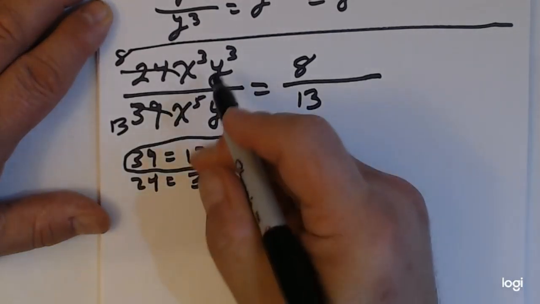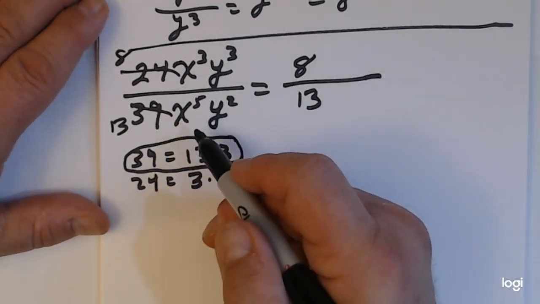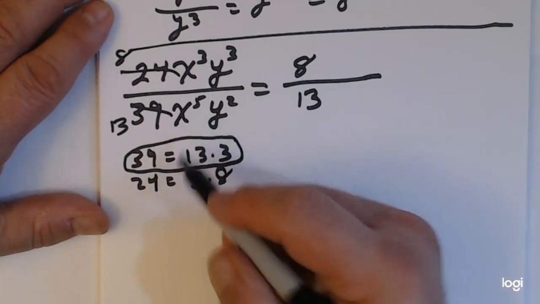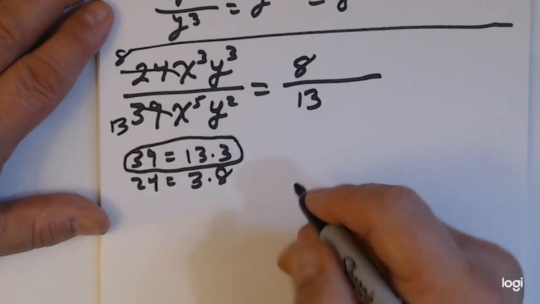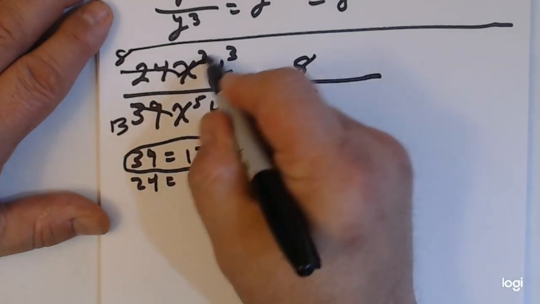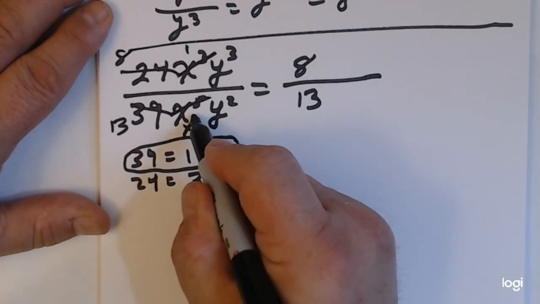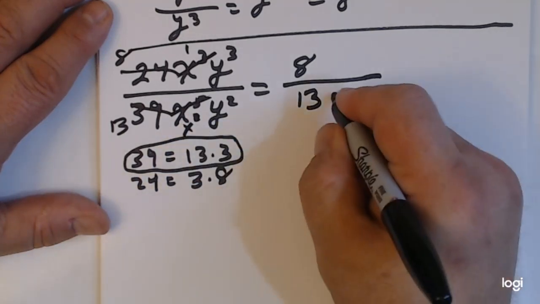X cubed over x to the 5th is x to the 3 minus 5, which is x to the negative 2, which says, hey, put me in the denominator. Or we could say x cubed is the greatest common factor. It goes into itself once and into x to the fifth, x squared times.